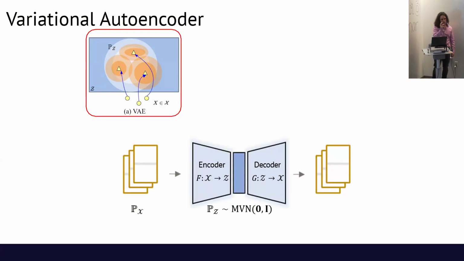This had some problems when they were doing this with images. They noticed some blurring problems because these different normals are mapped to some space and they're kind of overlapping with each other. But there, the PZ is multivariate normal, 0 I, typically some isotropic Gaussian in the latent space. What's important here is each point is mapping to its own normal.